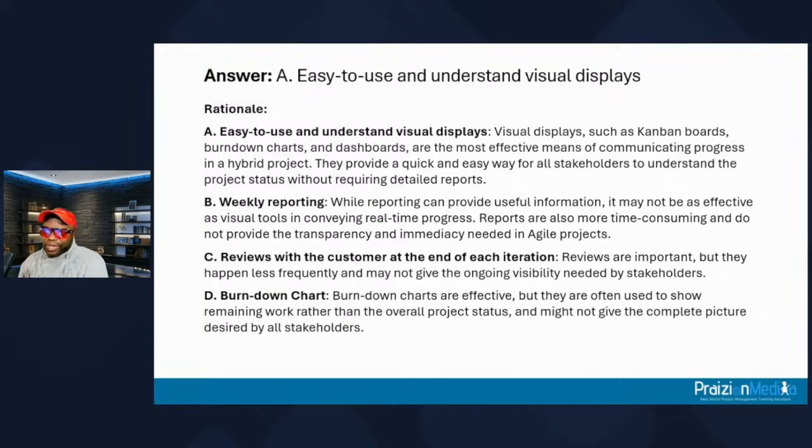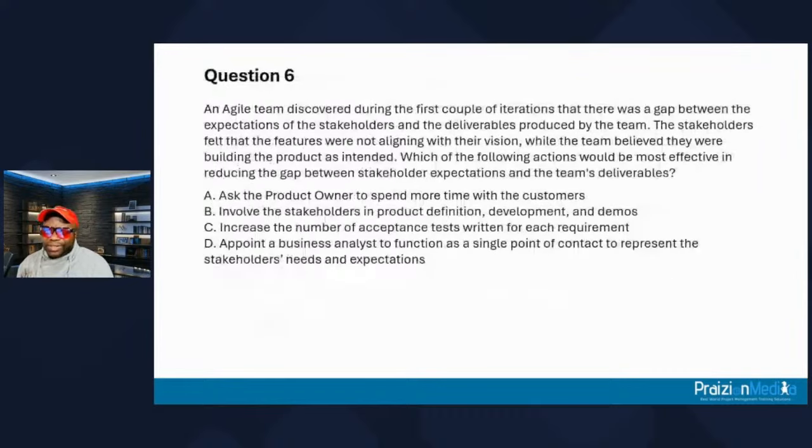All right, let's go to the next one. Question 6. An agile team discovered during the first couple of iterations that there was a gap between the expectations of the stakeholders and the deliverables produced by the team. The stakeholders felt that the features were not aligning with their vision, while the team believed they were building the product as intended.